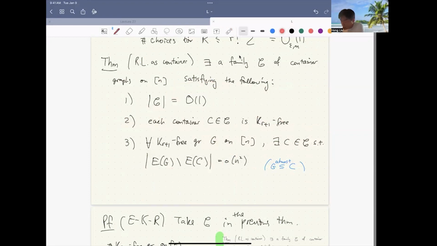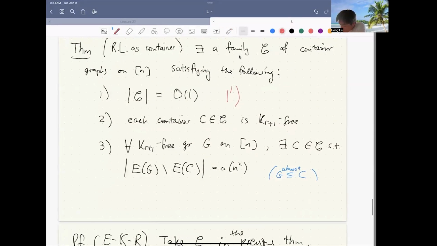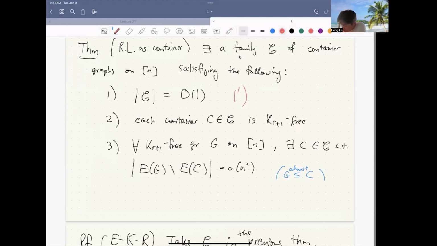Let me write it. So alternative 1' is that you will have... 2 prime is the same as 2. Each container, no, 2 prime is different also, sorry.